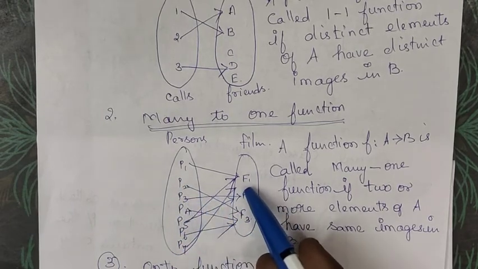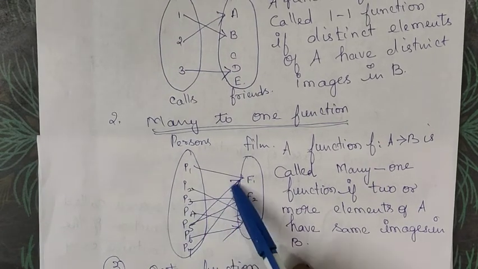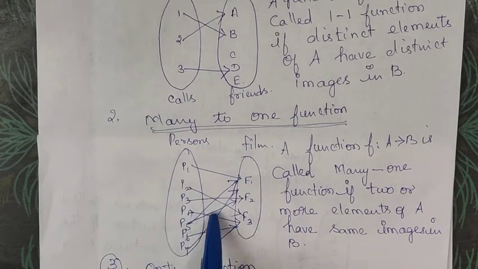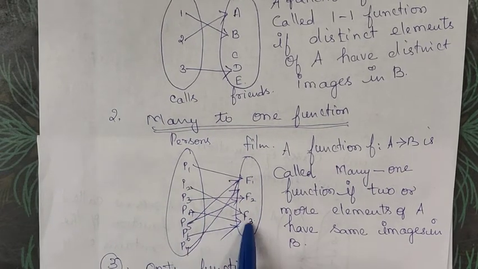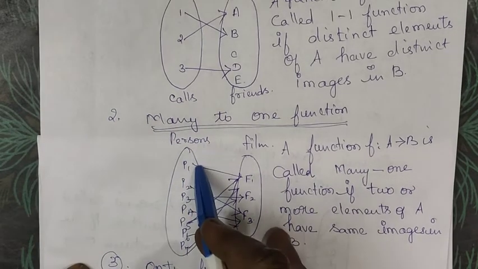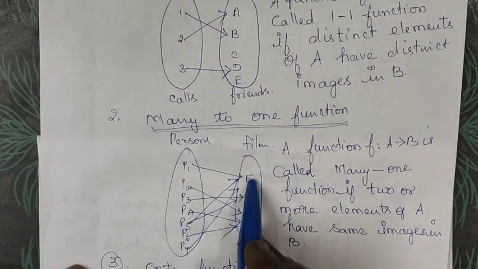They may choose any film they like. Suppose P1, P5 and P7 go for film F1, and P2 and P4 go for film F3, and P6 also. So many people from this persons set go for only one film.